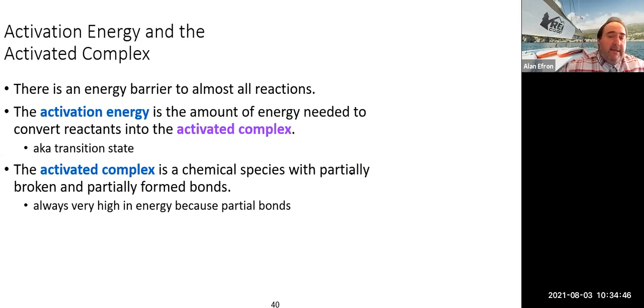When we get to the very top, we have what is referred to as an activated complex or a transition state complex. Something very high in energy usually doesn't hang around a very long time, because of those partially made and partially broken bonds. It's the peak of energy where things are starting to break apart and come back together at the same time.